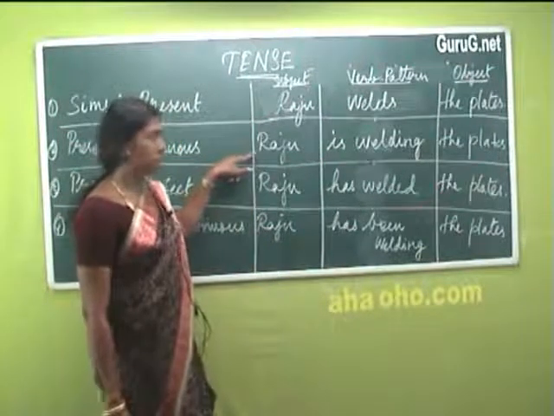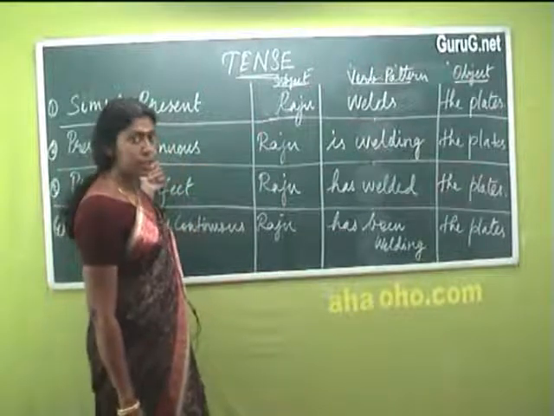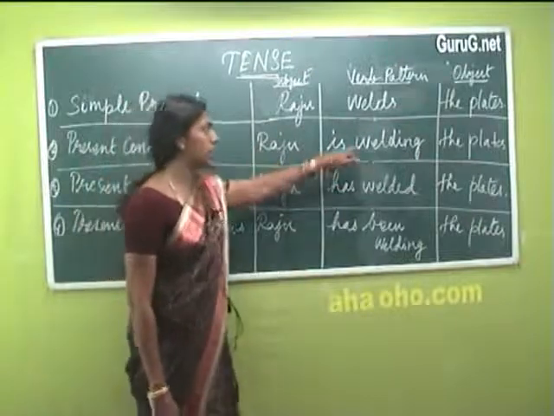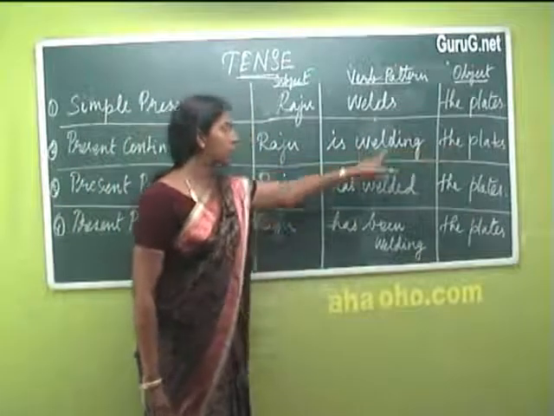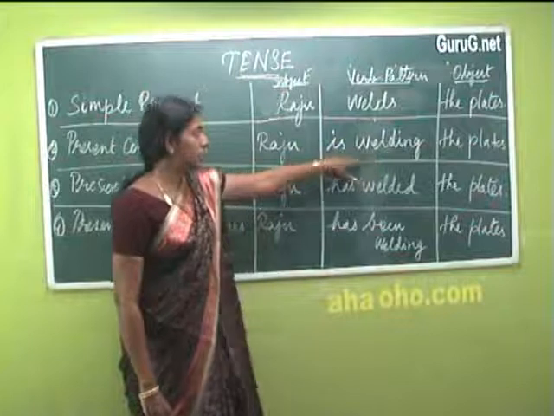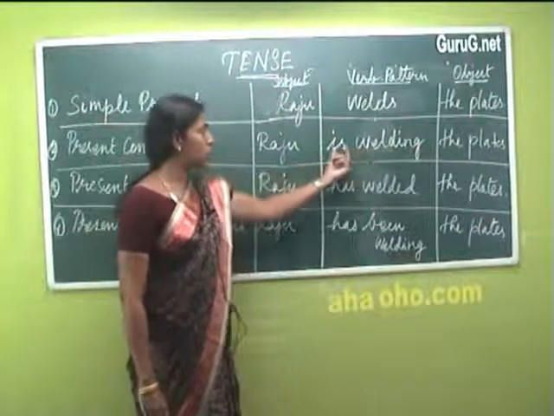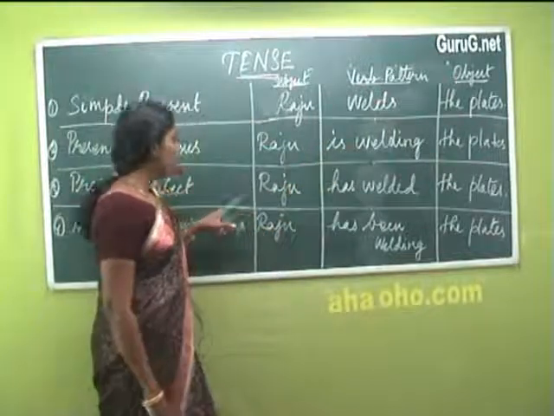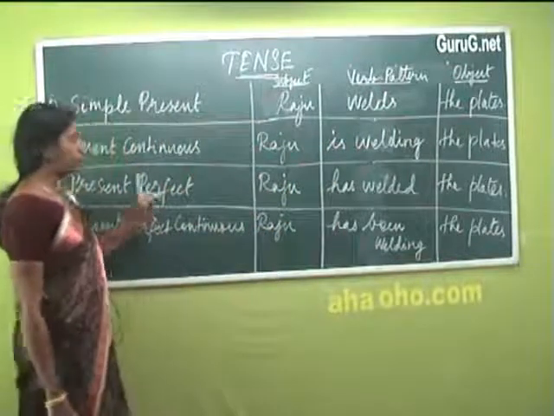Let's go to the example once again. It is a present continuous tense which we are studying now. Raju, the subject. Raju is welding the plates. Is welding is the present participle verb which goes along with the auxiliary verb, the be form, is. Now we come to present perfect.